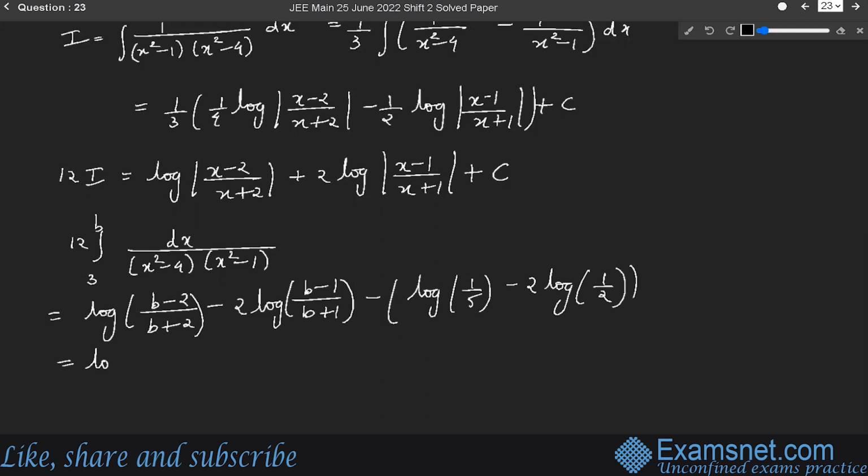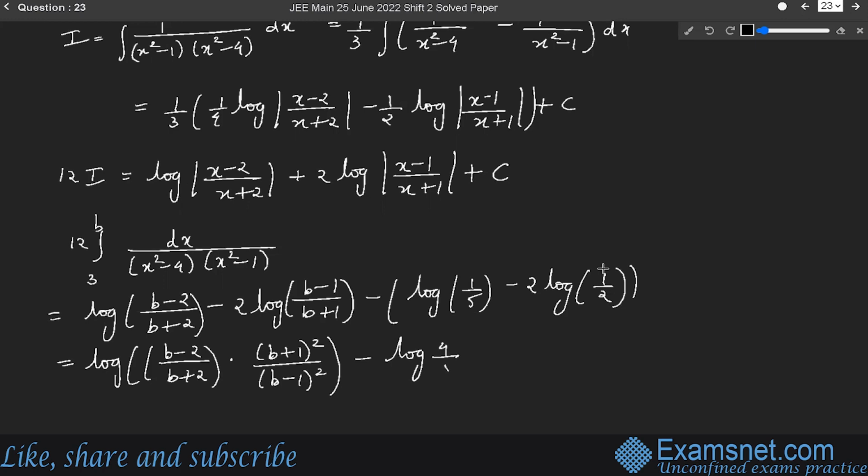So this will be equals to log of (b minus 2)(b plus 1) whole square divided by (b plus 2)(b minus 1) whole square minus log of 4 by 5.